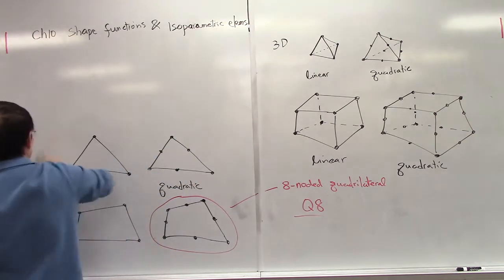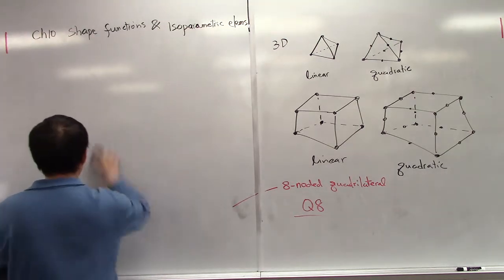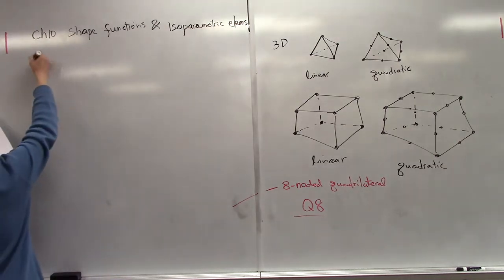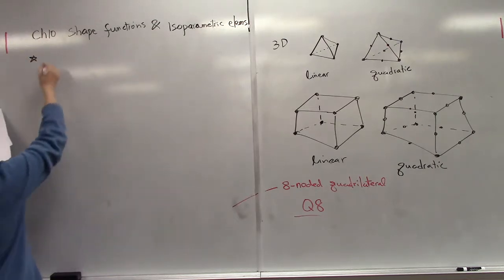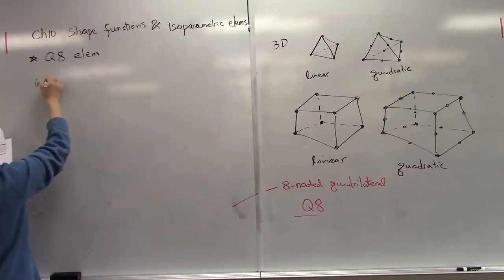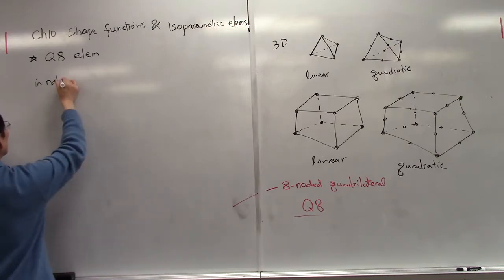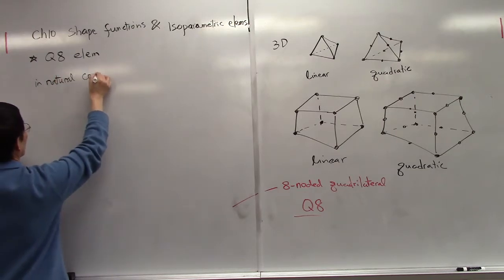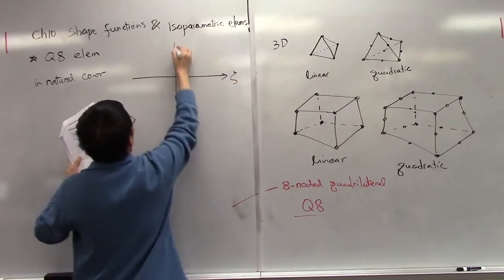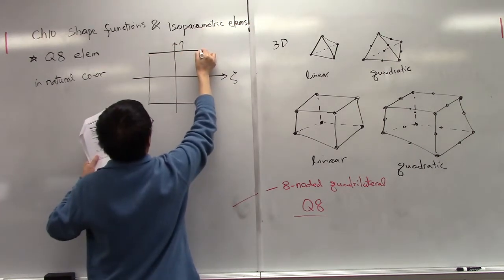Let's draw that and then derive the shape function for the Q8 element. In natural coordinate, this is theta, this is eta. It is a square of size 2 by 2.